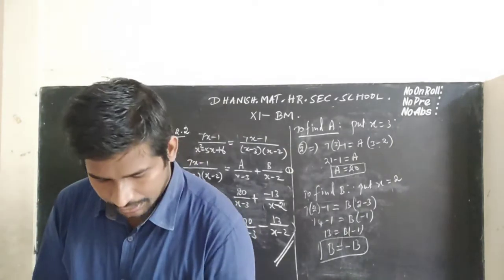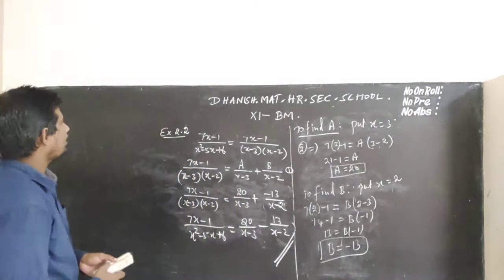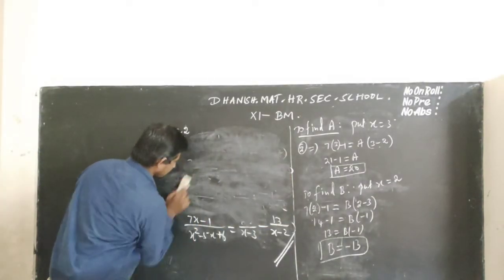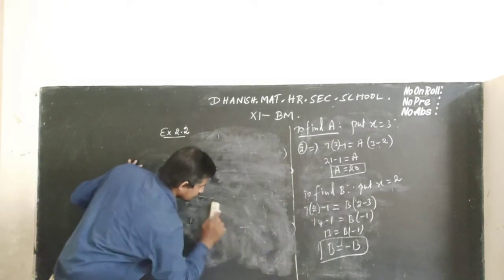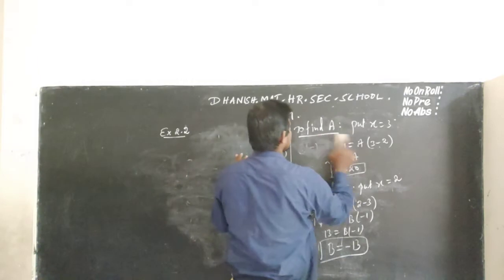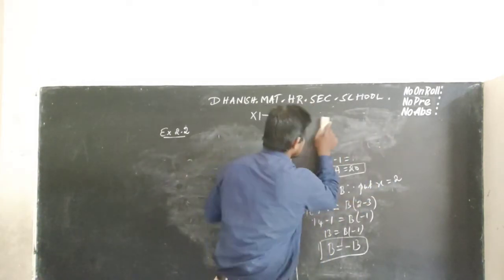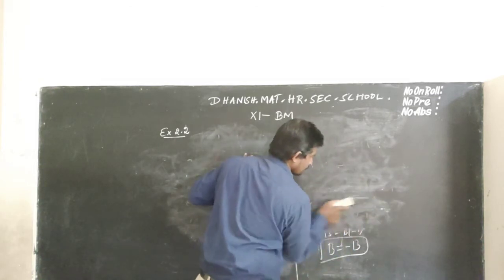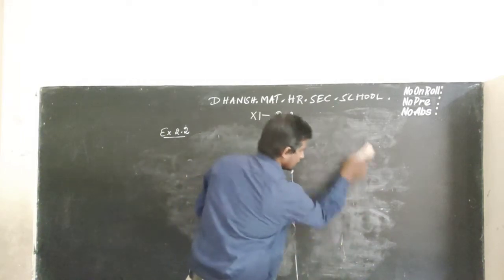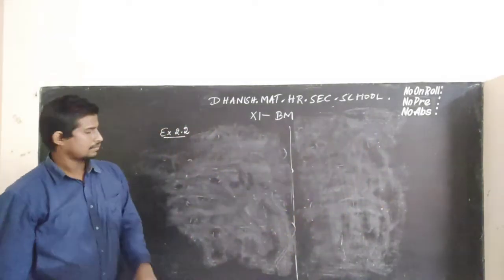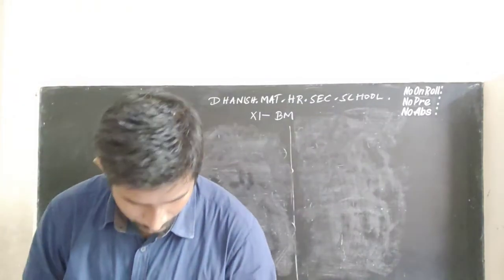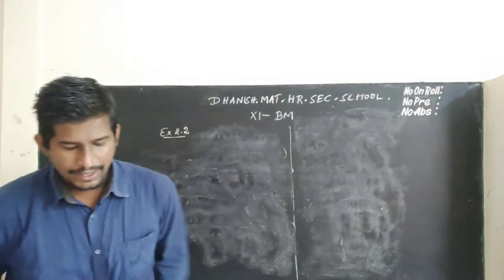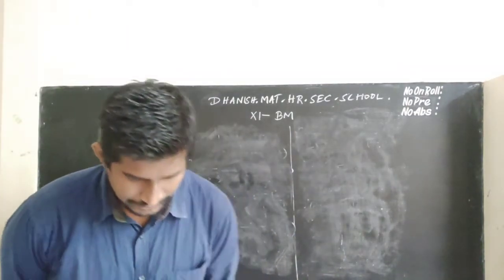Now look at the example 2.3. Resolve into partial fraction x plus 4 divided by x square minus 4 into x plus 1.